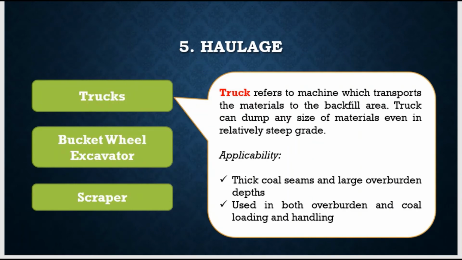So, for haulage, these are the kinds of heavy equipment used. We have the trucks. These refer to the machines which transport the material to the backfill area. Trucks can dump any size of material even on a relatively steep grade. Their applicability is thick coal seams and large overburden depths. They are used in both overburden and coal loading and handling.